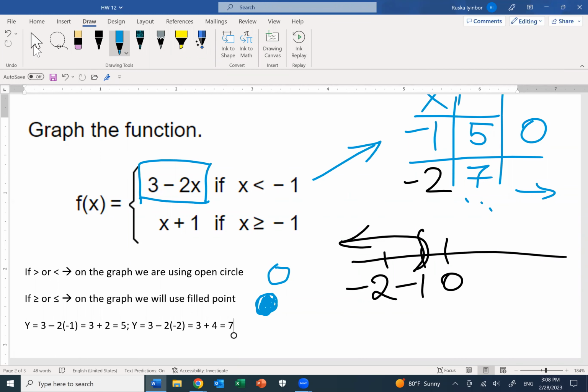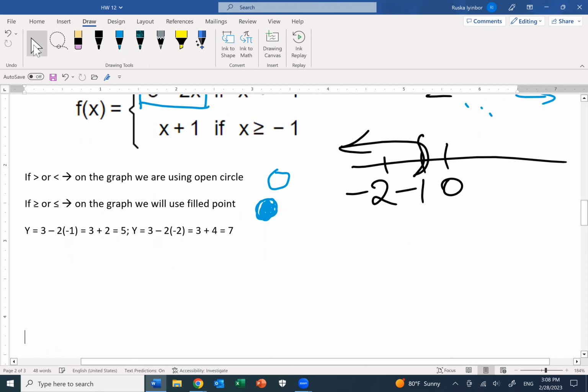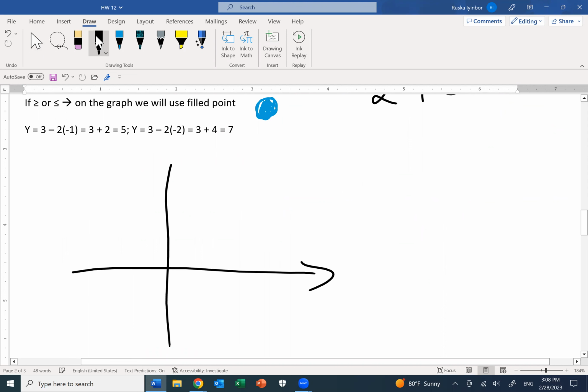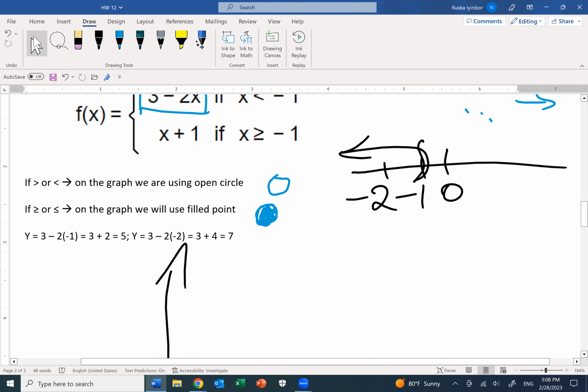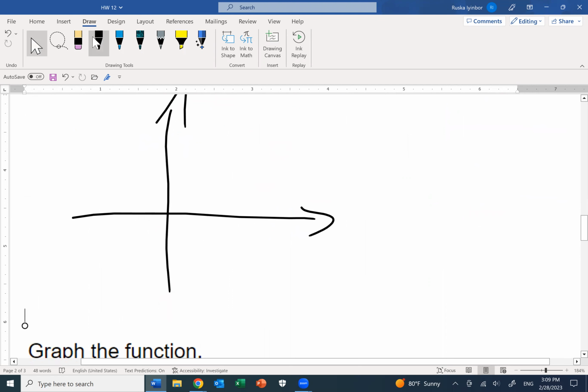Let me graph that first, right here. I didn't put a line, but I'm going to do it like this. The first point I'm going to graph is negative 1 and 5. So I have negative 1, negative 2, and then 1, 2, 3, 4, 5, 6.